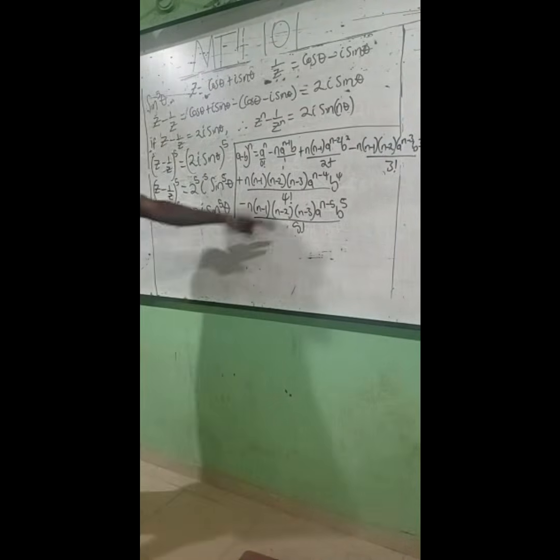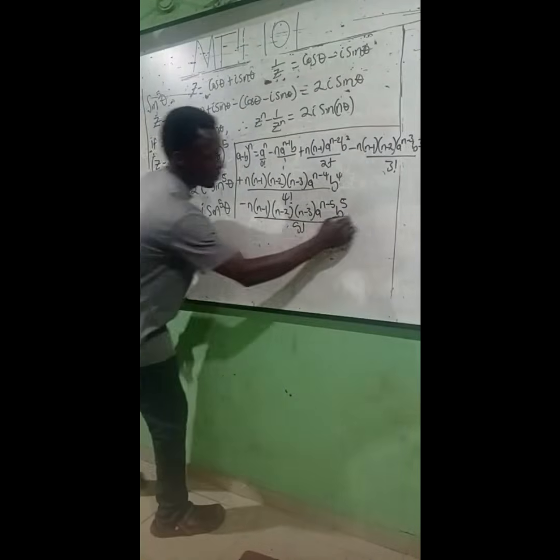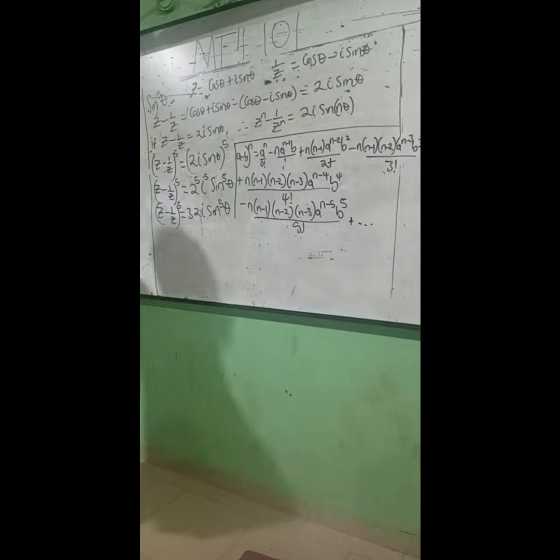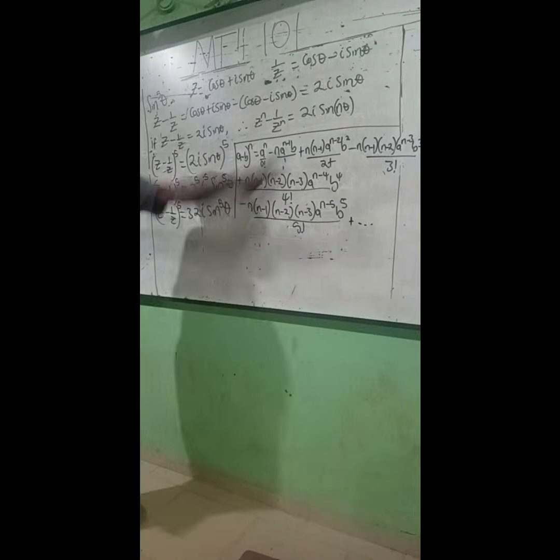Since our power is 5, let's stop here. Are we together? We can continue expanding, plus dot dot dot, but let's stop here. It's our power 5. Now let's begin to apply this.